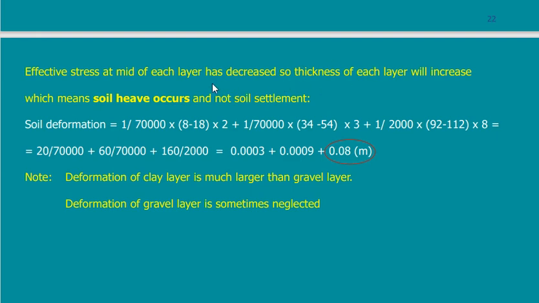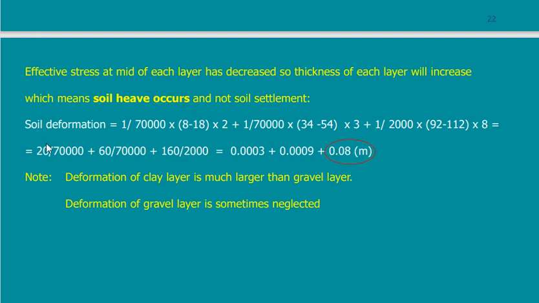So thickness, we calculated this in the previous part. It means that we will have soil heave and not settlement, because the stresses were reduced. I cannot say that due to this the soil will be compacted. No, it will not be compacted. There will be a heave.